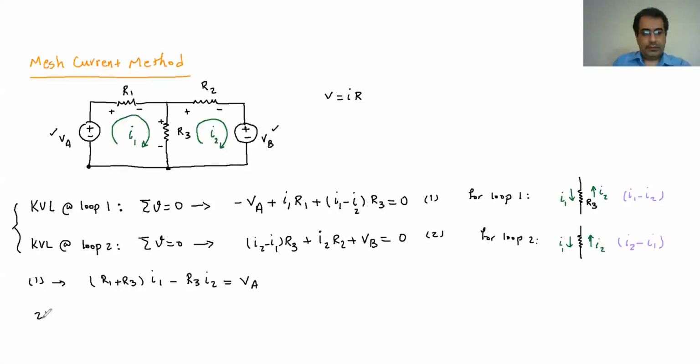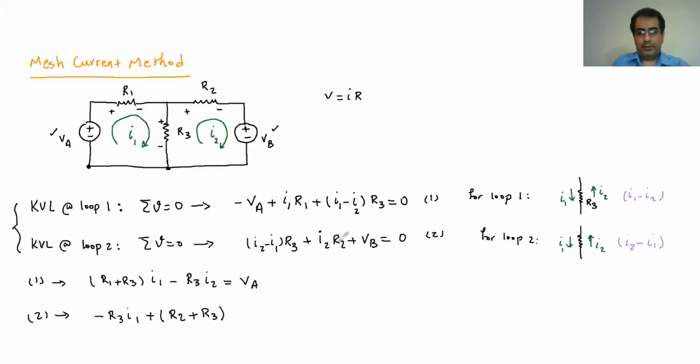And then the same for the second equation. If I write all the coefficients, for I1 I have negative R3 I1, and then plus, for I2, I have R2 and then R3 here.